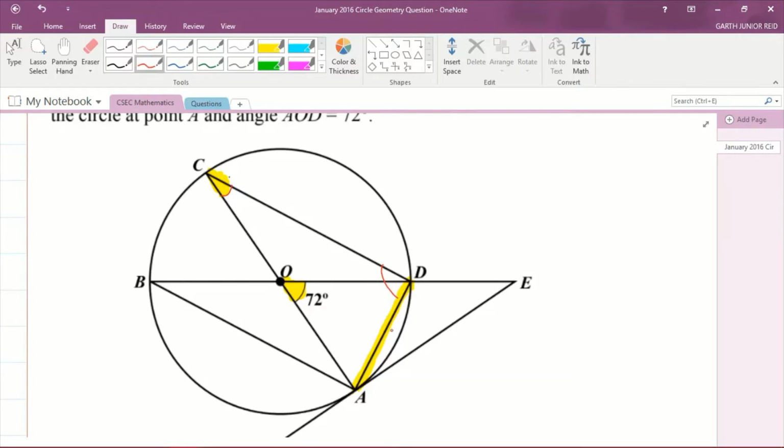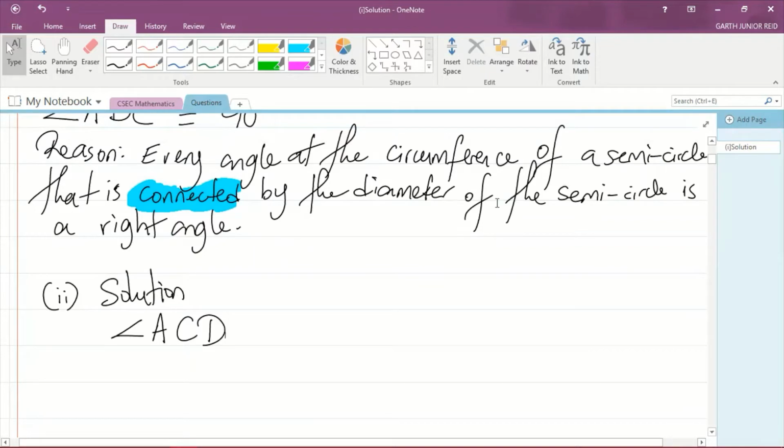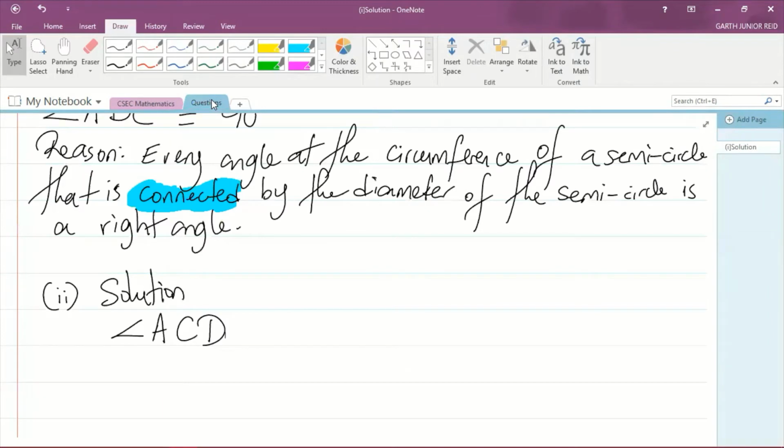Now, what I want you to understand is that the reason which I stated over here, when I said that every angle at the circumference of the semicircle that is connected by the diameter of the semicircle is a right angle, that is actually a special case of the theorem which says that if 2 angles stand on the same chord, then the angle at the center is twice the angle at the circumference, right? That is a special case.